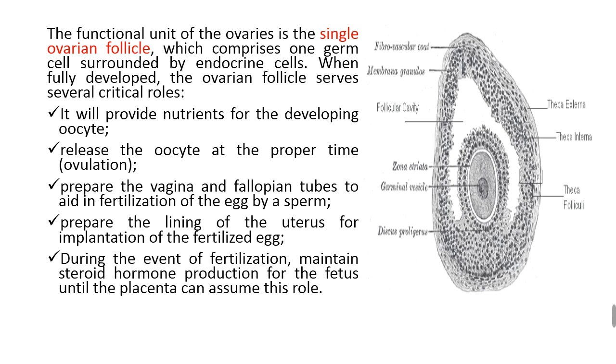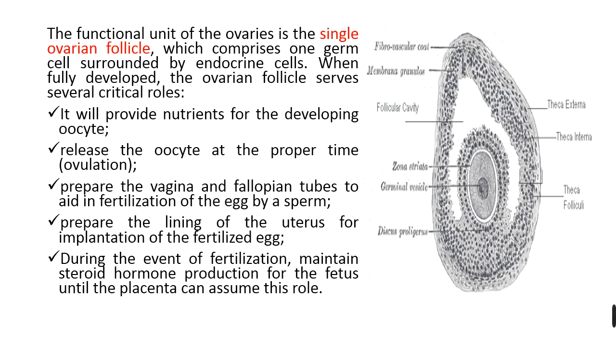The functional unit of the ovary is the single ovarian follicle, which comprises one germ cell surrounded by endocrine cells.